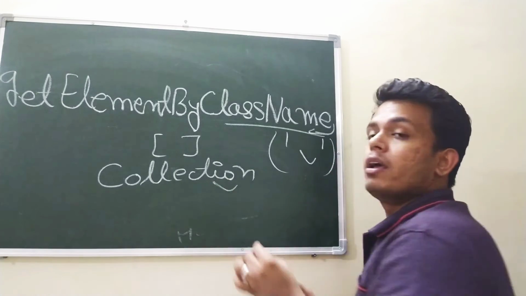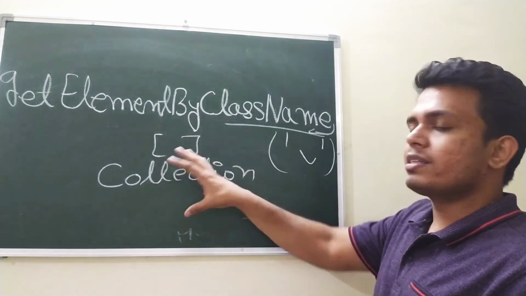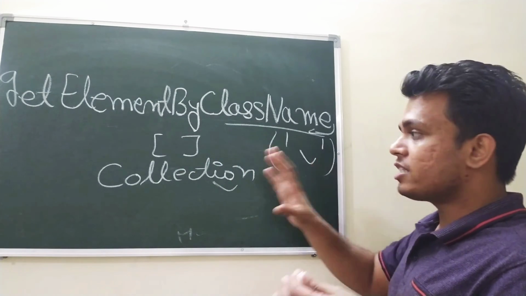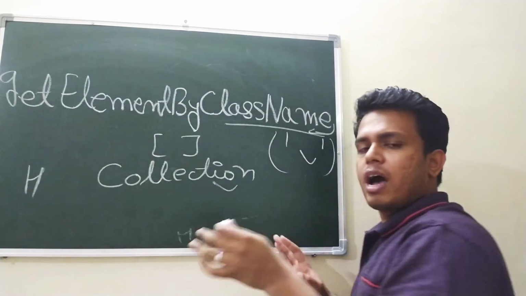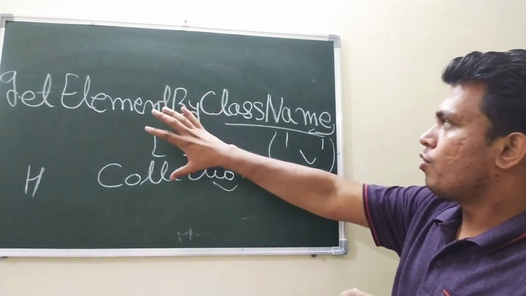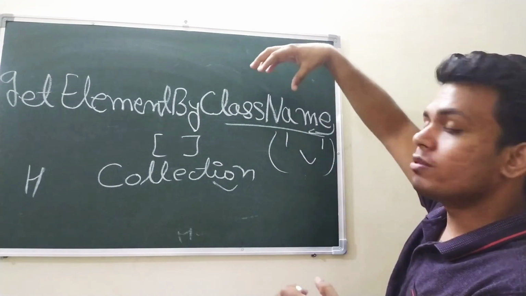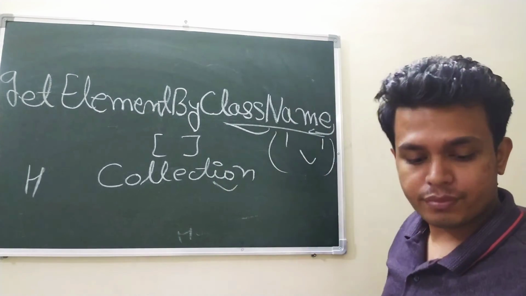And you can iterate it like an array also. Clear? So this is known as an HTML collection. I will not go deep into this. So first you need to remember, whenever you want to grab an element on the basis of the class, you can use that. Clear? The third one.